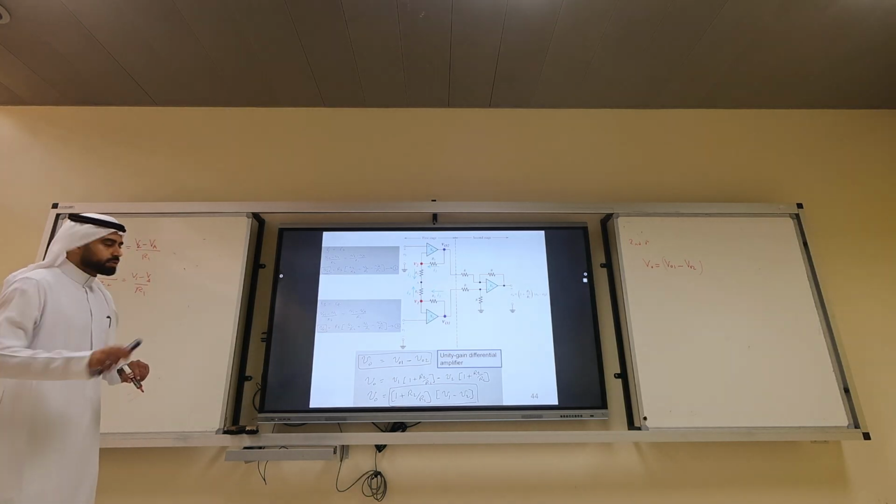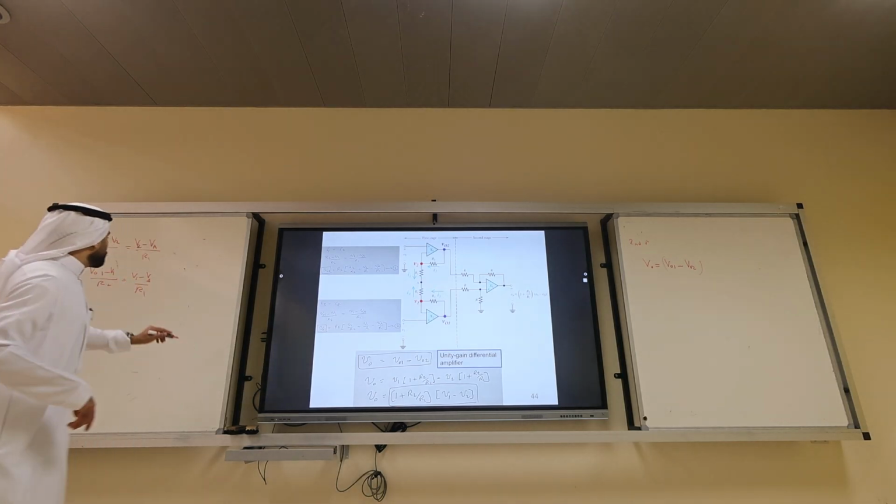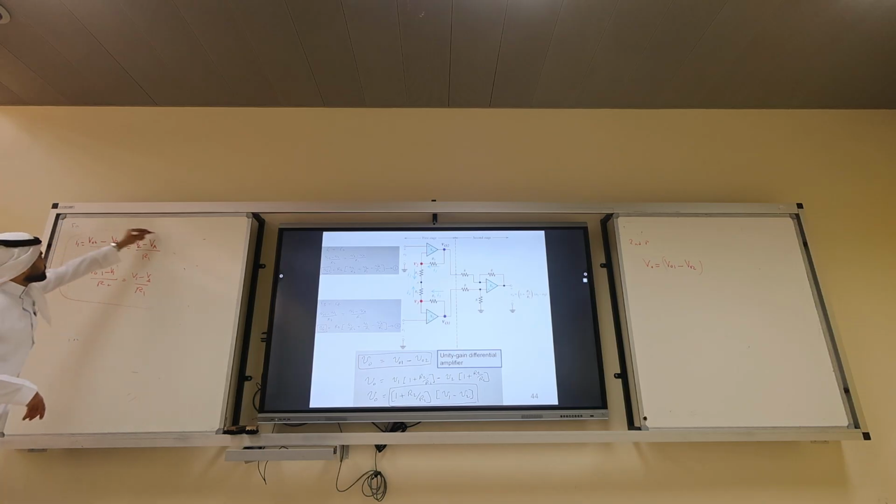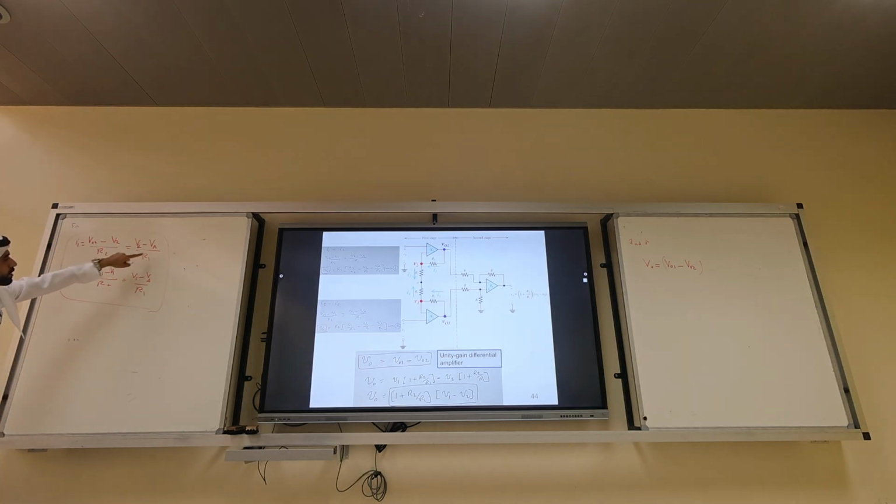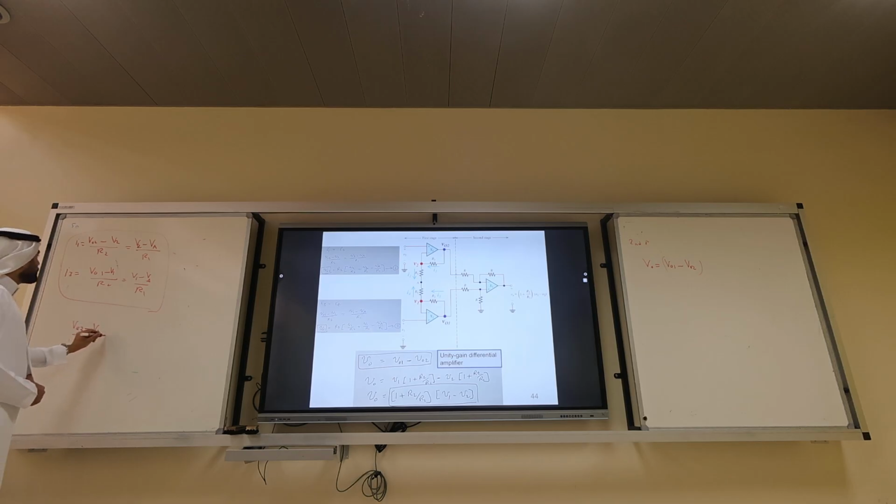What time is it? We don't have time. So to do algebra here, you know that this is VO over R1, this is VA over R1, which implies that you can rewrite this. Let's start by rewriting the first equation: VO2 minus V2 over R1 equals V2 over R1 minus VA over R1.